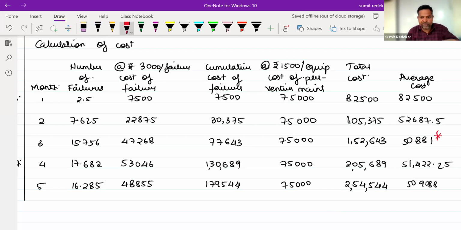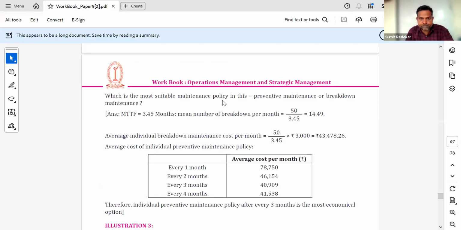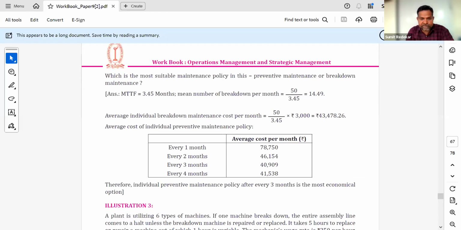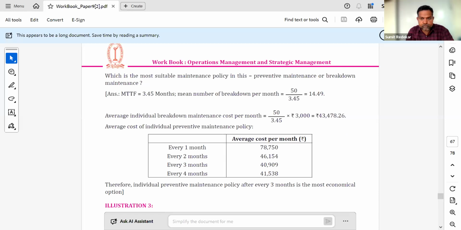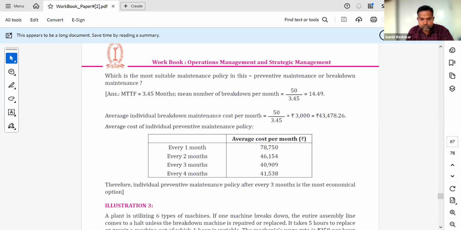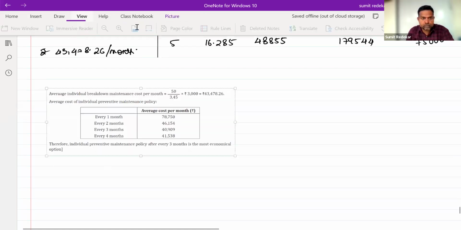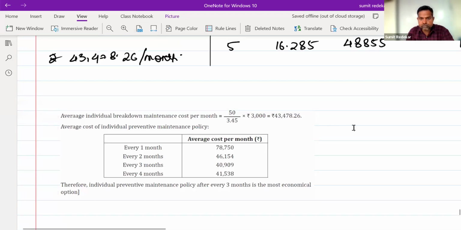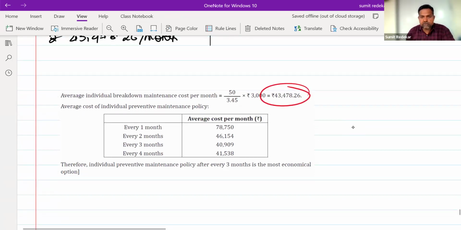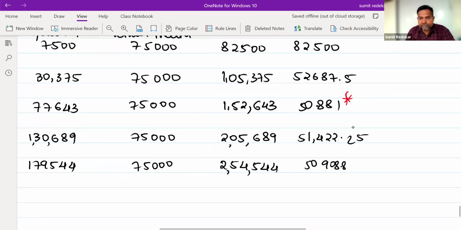They have not made the solution, to be very honest. What they have directly done is, I'll show you what they've directly done. This is the first solution, that if you only and only do breakdown maintenance, this much cost will come on an average every month, and with preventive maintenance it will be this.